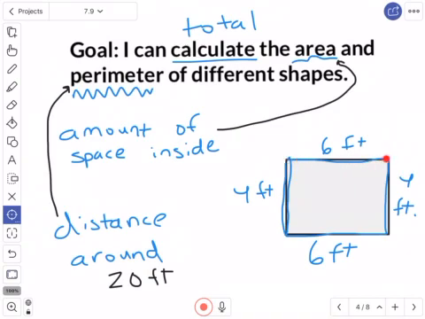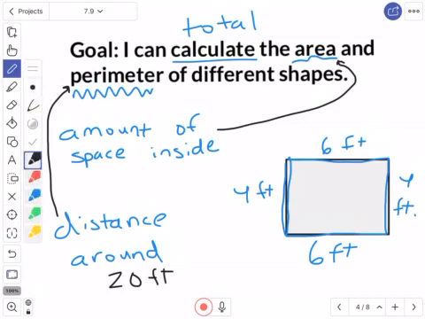I just take one long side, the length, times the short side, the width. 6 times 4 is 24. So the area is 24 square feet. I should say 24 squared feet, which we're going to be talking about even more in Unit 5, our next unit. But that's what we're going to be getting to do today.